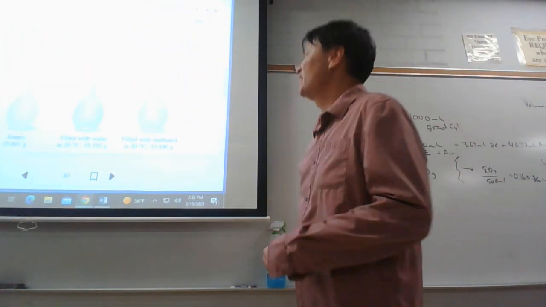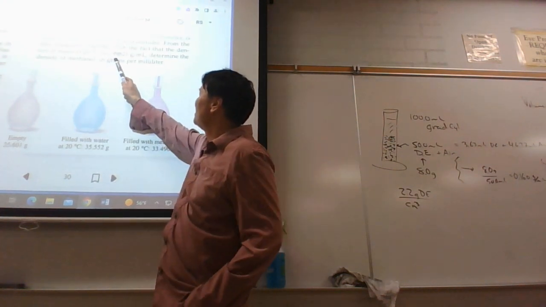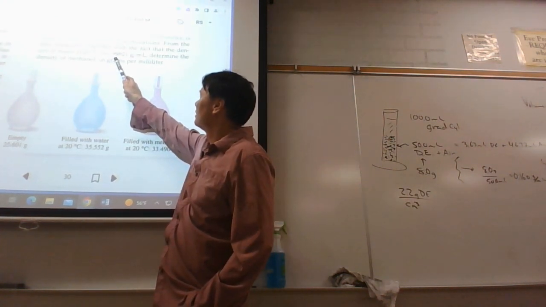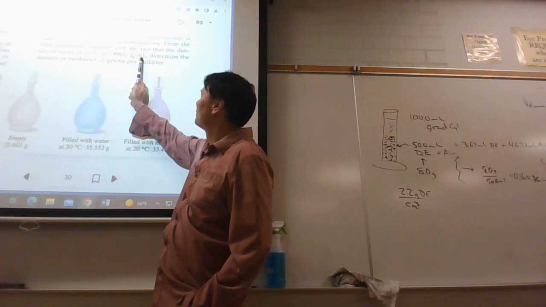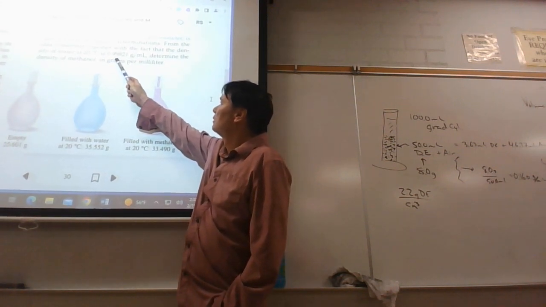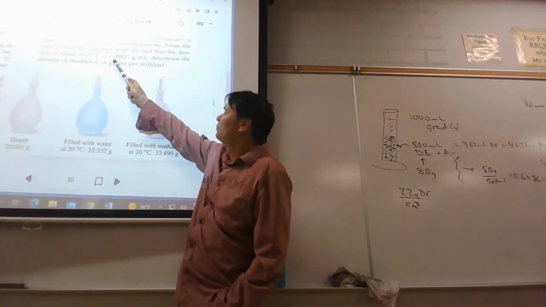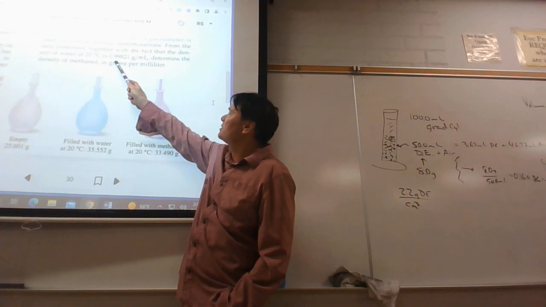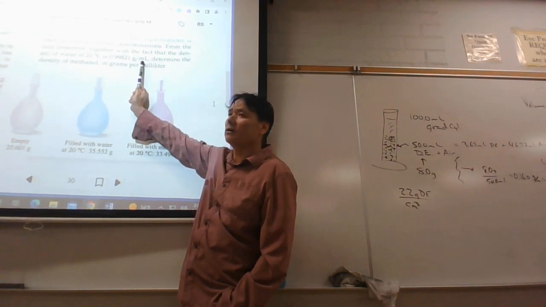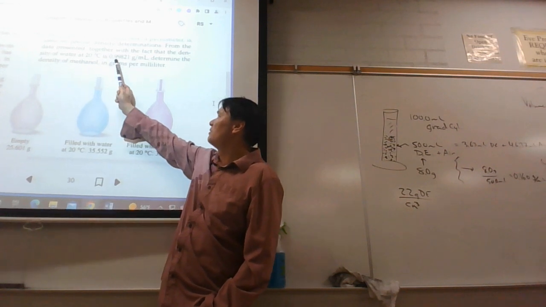All right, the first thing is the density of water changes with temperature. If I round the density here to 1 sig fig, what is it? 1 gram per milliliter. If I round it to 2 sig figs, what is it? Not 0 point, it's 1.0. So to 2 sig figs, it's 1.0 grams per milliliter at 20 degrees C. If I round this to 3 sig figs, what is it?